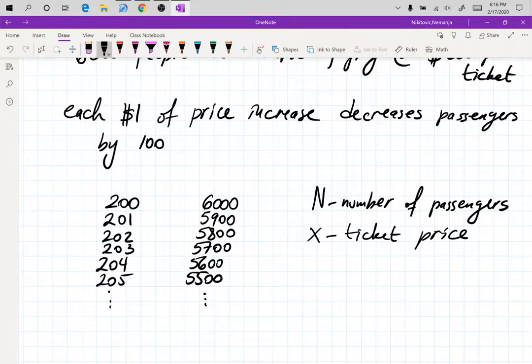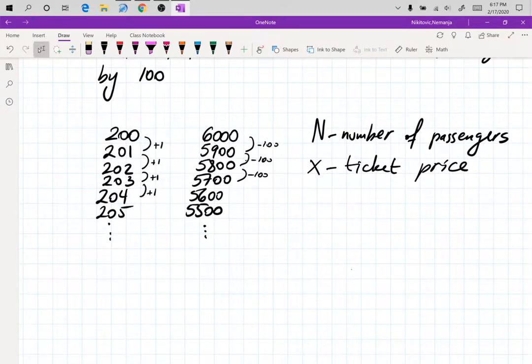Now, we see that we are losing minus 100, minus 100, minus 100, and over here we are gaining plus 1, plus 1, plus 1, plus 1. So there is a pattern, clearly. Now, I would ask you guys to stop writing and just follow the way I'm going to create this equation. There are many similar problems, just to see how this logic works at all.